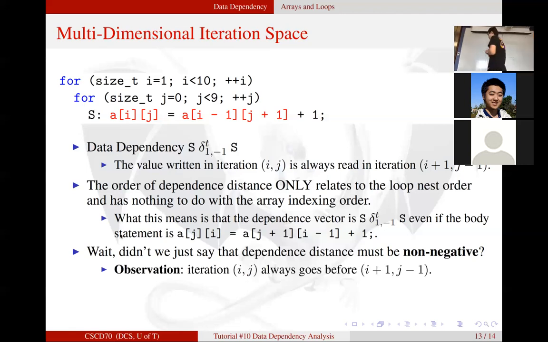Well, our key observation is that the iteration ij always goes before the iteration i plus 1, j minus 1. The reason is pretty simple.